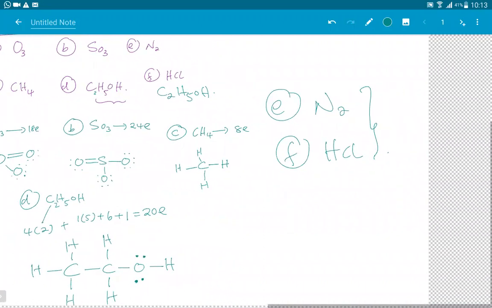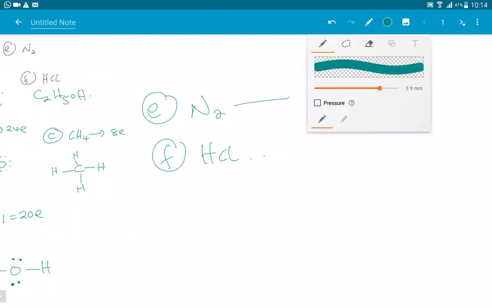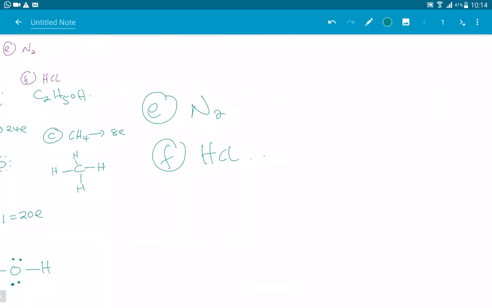For the E, is it going to have a triple bond? Very correct and very good. You can give us the structure the way it has come out, the E. How many electrons, first and foremost? 10. Okay, and then how have you drawn the structure?